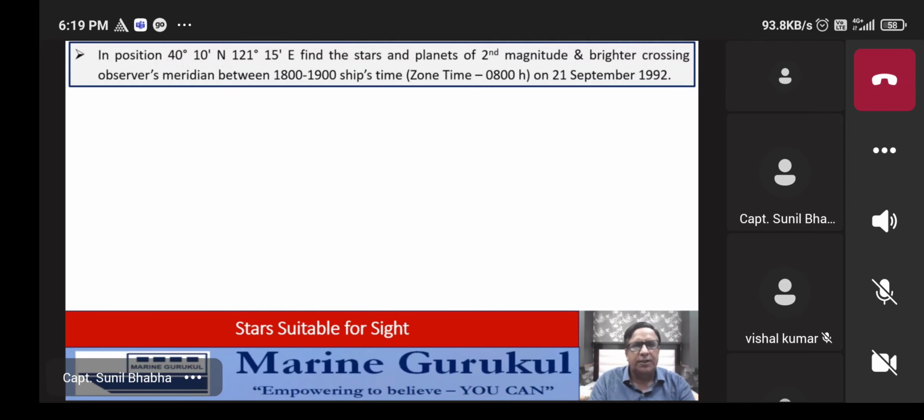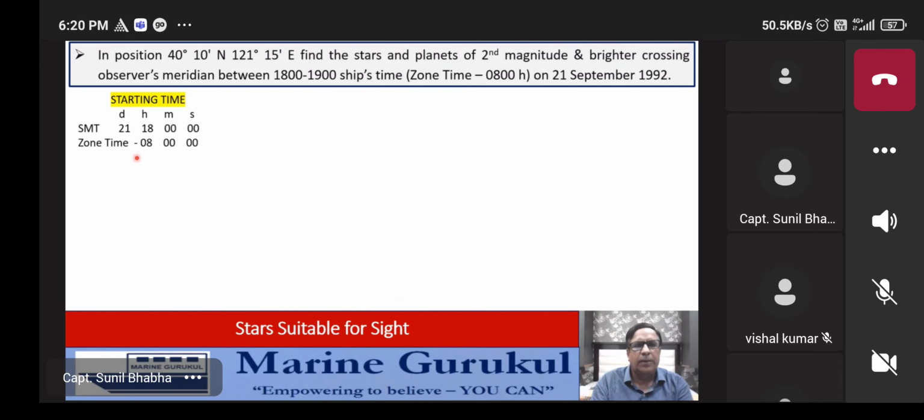In position 40 degrees 10 minutes north, 121 degrees 15 minutes east, find the stars and planets of second magnitude and brighter crossing the observer's meridian between 1800 hours and 1900 hours ship's mean time, zone time -8, on 21st September 1992. We first find the GMT at the commencement of the required interval and the GMT at the end of the required interval. The starting ship's mean time is 21st day, 18 hours.